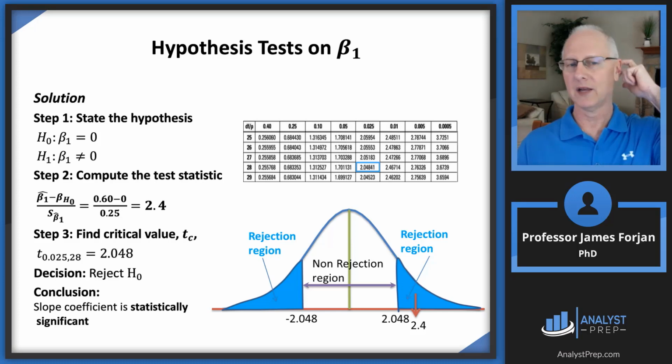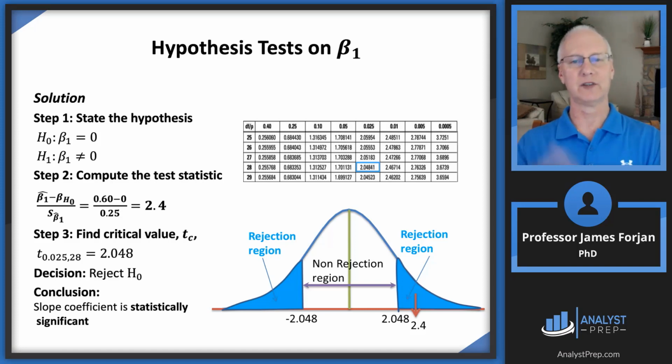Well, the only way that it can be somewhere around 0 is if that denominator is a big number. I mean, suppose the standard error of this regression model were 25, not 0.25. Well, then that test statistic would be way smaller and it would be closer to 0. So really what we're doing here is looking at the relationship between the slope coefficient and some measure of risk, some measure of variability. If the variability is smaller, then we have a greater likelihood.